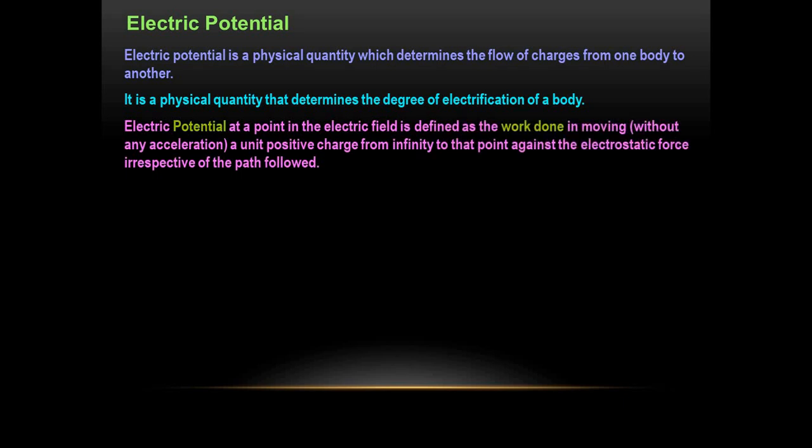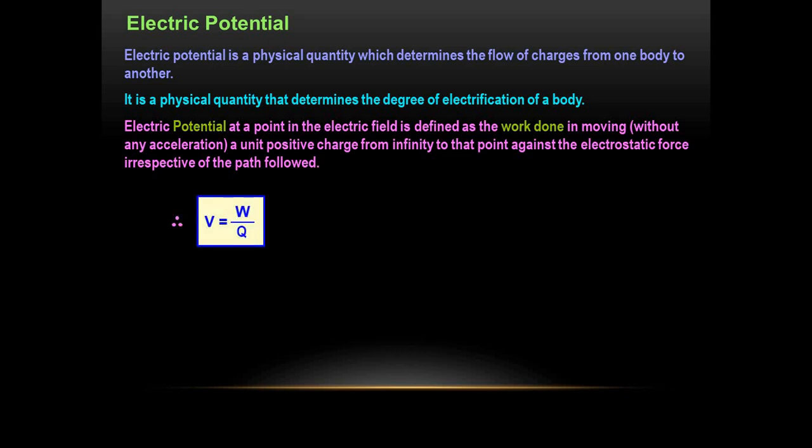Electric potential at a point in the electric field is defined as the work done in moving a unit positive charge from infinity to that point against the electrostatic force, irrespective of the path followed. That means it does not depend upon the length of the path. It depends only on the two points, the initial and final points. Such a force is called a conservative force.